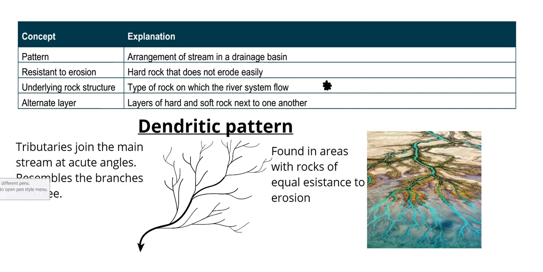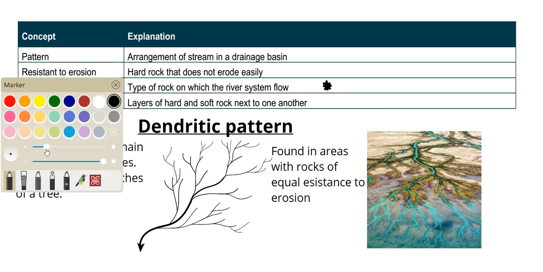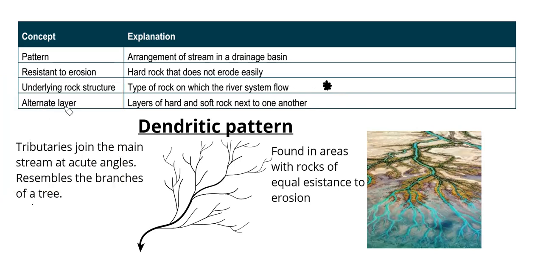Each stream pattern will have different underlying rocks. Now let's look at alternate layers of hard and soft rock next to one another. In other stream patterns, you will see alternate hard and soft rocks in the area.